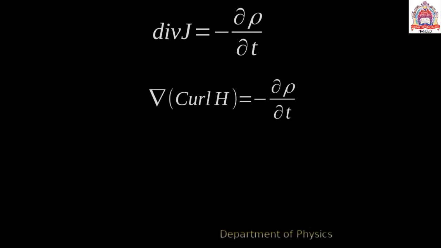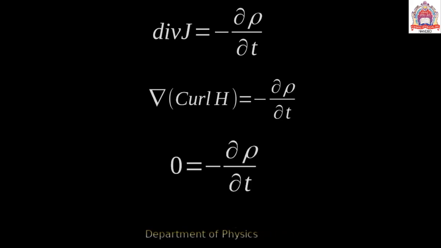But divergence of curl H is 0. So we get 0 is equal to minus dou rho by dou t. Equation 1 leads to static conditions in which charge density is not changing.